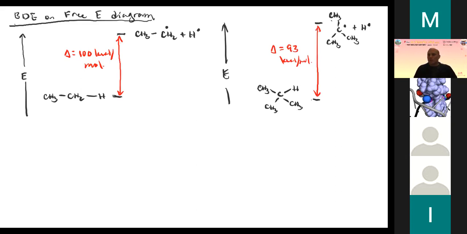And so why is this important? It's important to qualitatively know the stabilities of alkyl radicals. That's easy to remember. But also, if we know bond dissociation energies, we can start to calculate delta H values, changes in enthalpy for reactions.